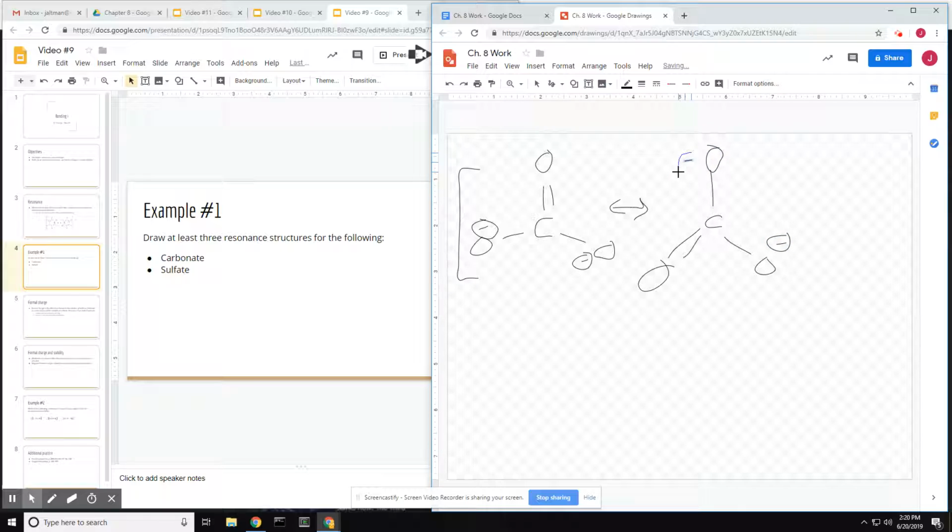And then you could include the extra electrons here as well, the lone pairs. But you should always label the charge. So that's carbonate.